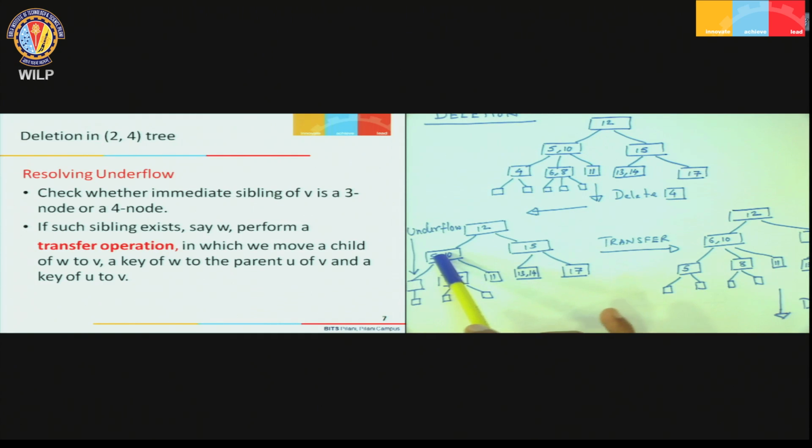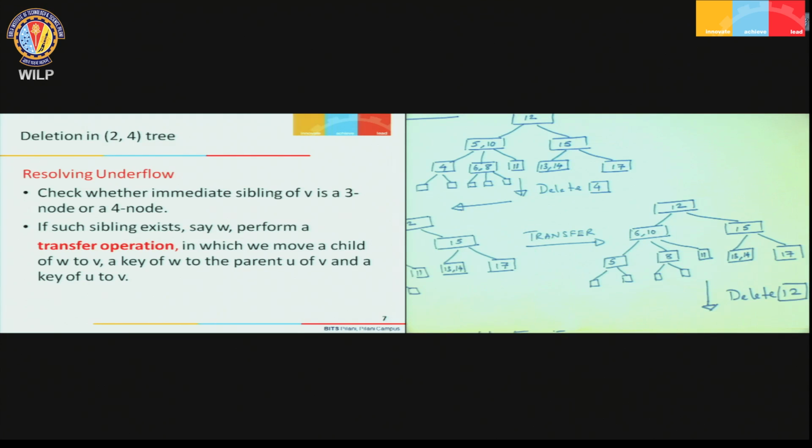So, 6 is moved upstairs to the parent, and 5 is moved to the node where the underflow has occurred. This is precisely a transfer operation. Once we do the transfer operation, the resultant tree is a 2,4 tree.